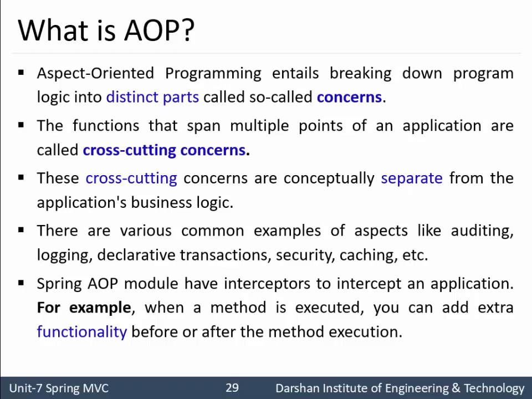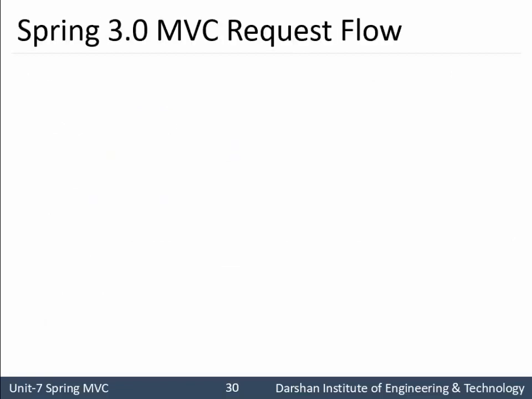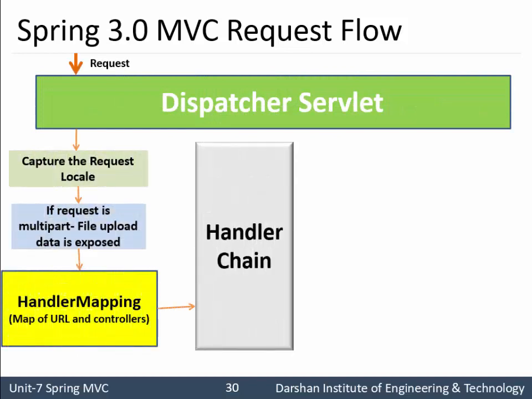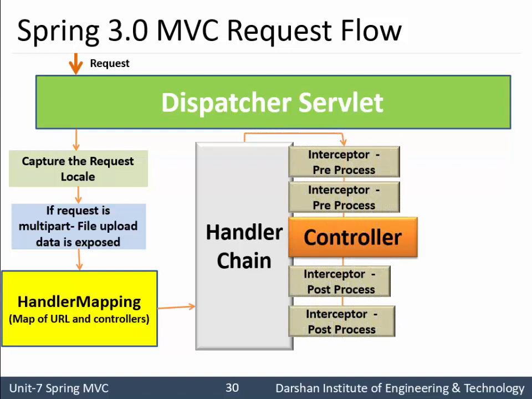I'll give you an example of the Spring MVC request flow, where we have also discussed interceptors in our previous videos, where I'll concentrate on the handler chain. Once the client request is passed through the DispatcherServlet through locale, and if the request is multipart, then again the controller will go to the handler mapping, which will search for an appropriate controller, then it will go to the handler chain and then come to the controller.